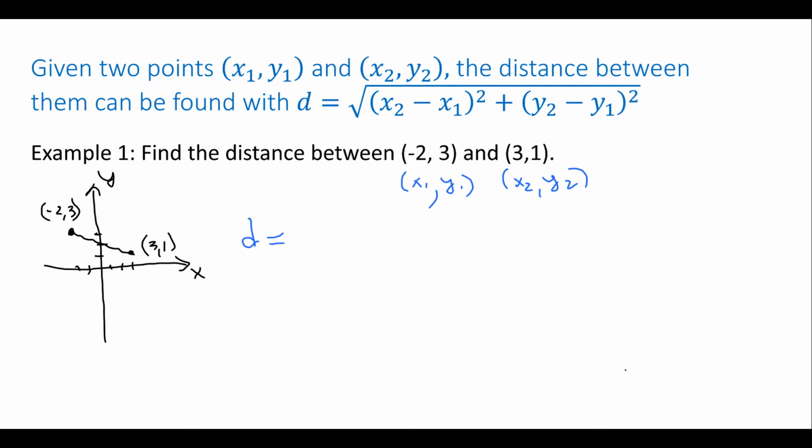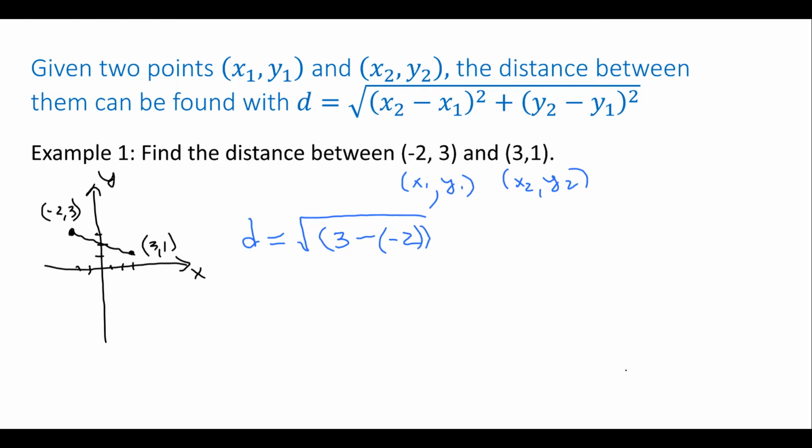So the distance formula tells me I take the square root of the difference between my x coordinates. So I need to take x2. Well, what was x2? Here is my x2, that's my number 3. And then minus x1. Well, what is x1? Here is my x1. We said -2 was my x1. So minus -2.